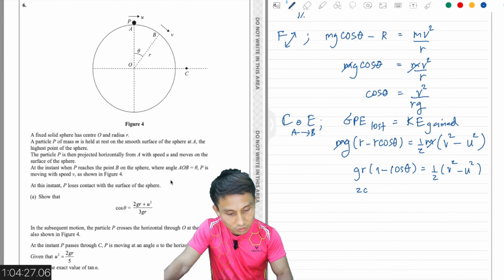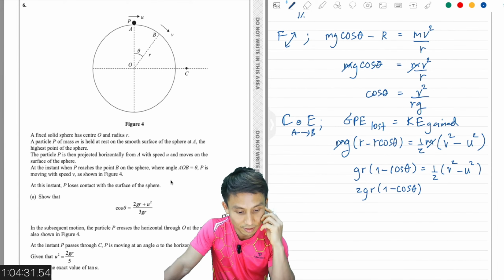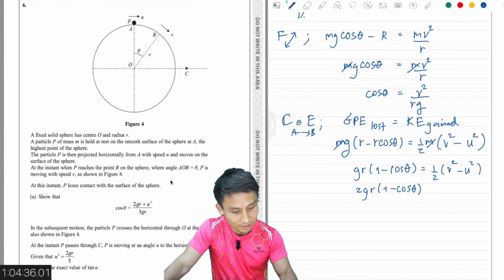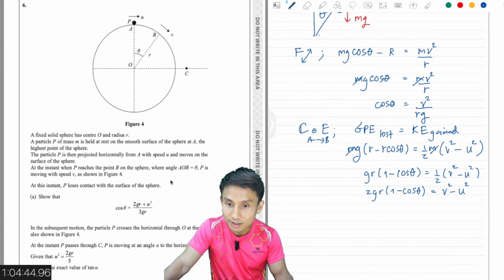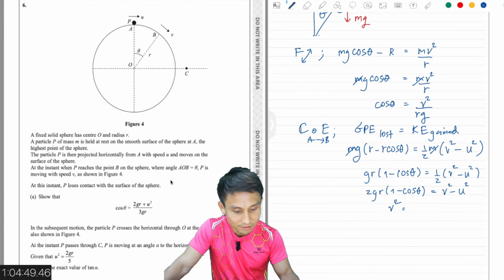Okay, so that's 2gr(1 − cos theta) equals v squared minus u squared. So v squared equals u squared plus 2gr(1 − cos theta), like that.